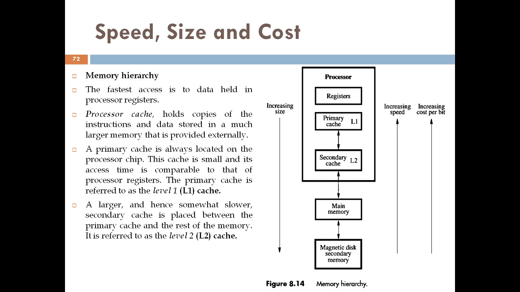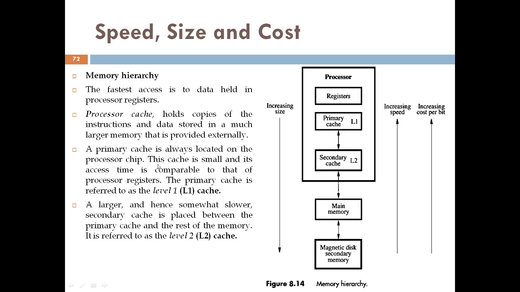In the second level of the hierarchy is cache memory, which is a small amount of memory that can be implemented directly on the processor chip. So the processor cache is implemented on the processor chip only, which is located inside the CPU.